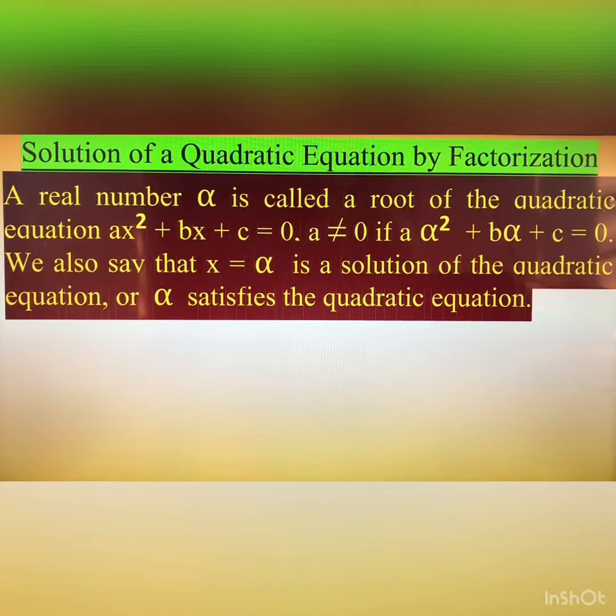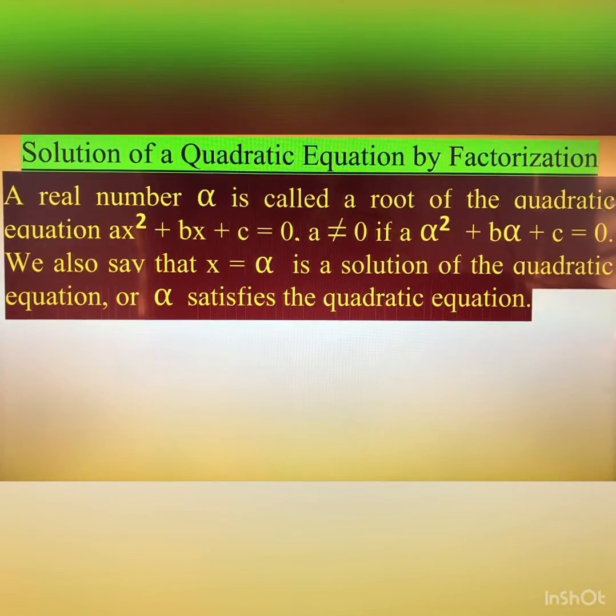A real number alpha is called a root of the quadratic equation ax square plus bx plus c equal to 0, a is not equal to 0, if a alpha square plus b alpha plus c equal to 0. We also say that x equal to alpha is a solution of the quadratic equation, or alpha satisfies the quadratic equation.